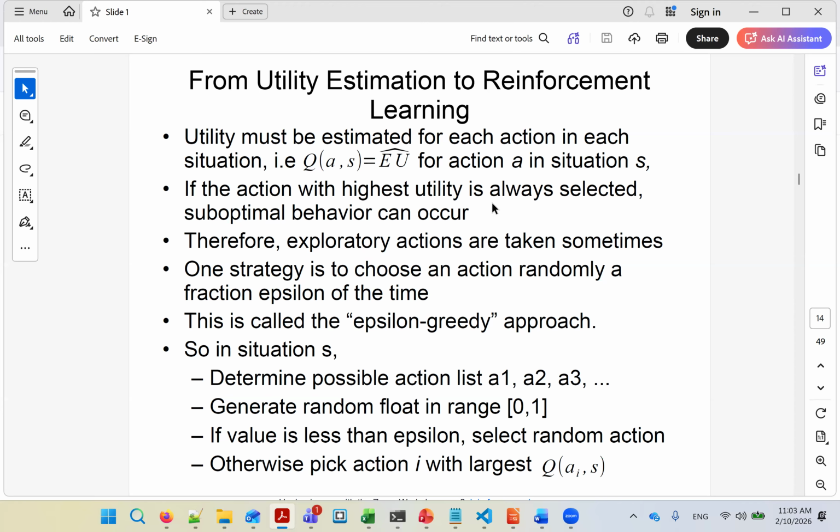We figure out what actions are possible in this state, A1 through AN, and generate a random float. If it's less than epsilon, pick uniformly out of that list to make sure we're exploring enough. And if not, we exploit by just taking the action which is currently believed to be best in that situation based on our data and our estimates. And that's what I did with TRACK.